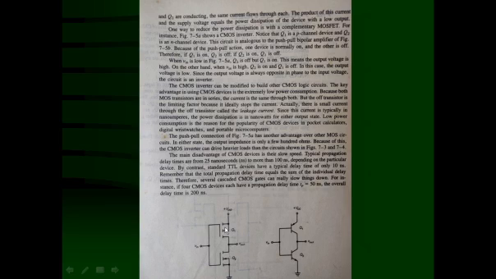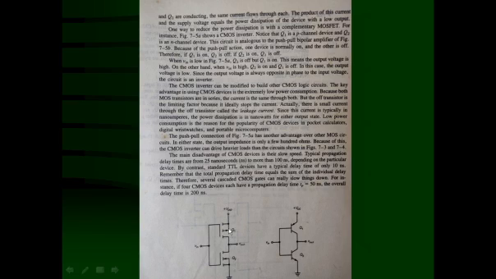At a time, only one of the transistors is conducting. Either Q1 is on, then Q2 will be off, or Q1 is off, then Q2 is on. So either transistor is conducting only, and that means it is controlling the amount of current. These two transistors are in series.